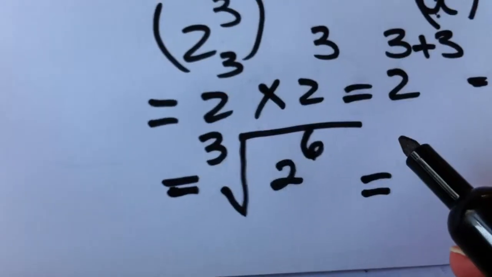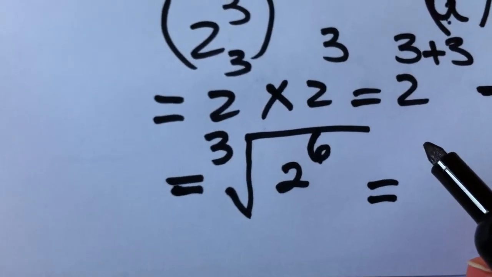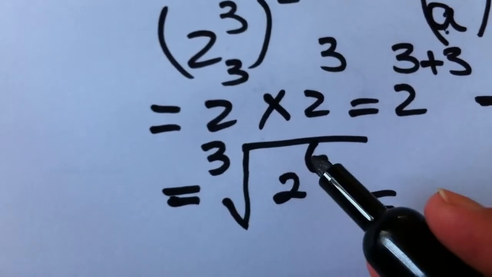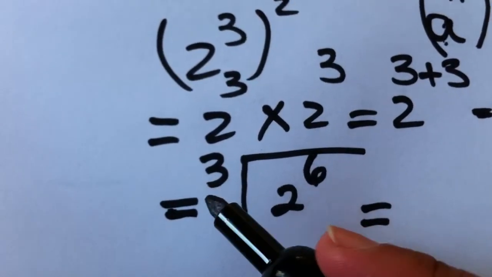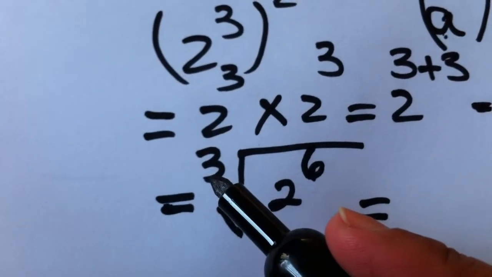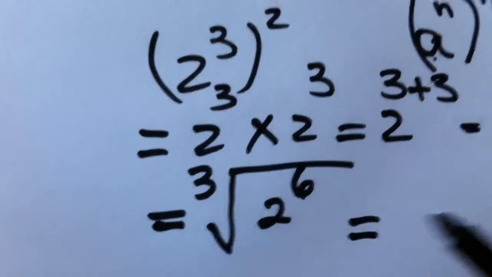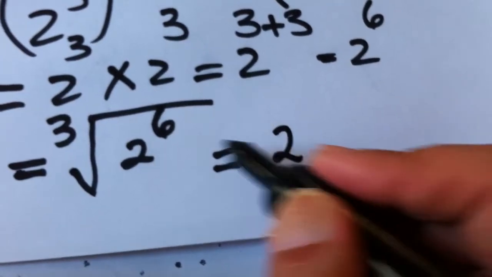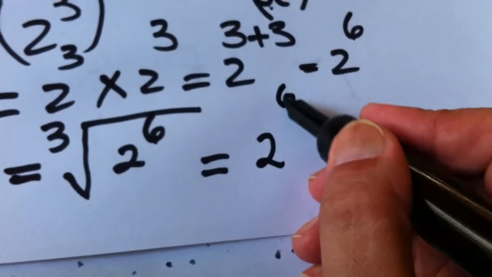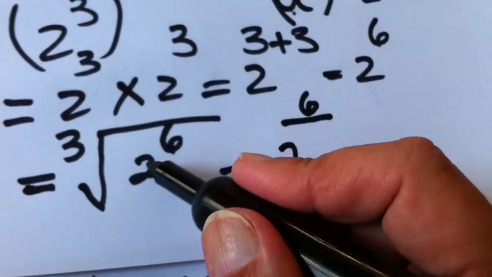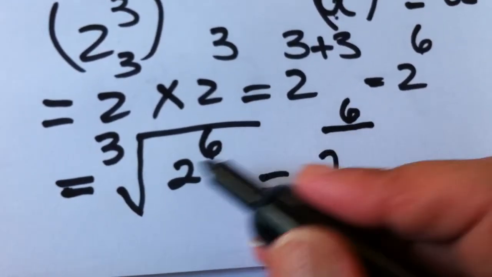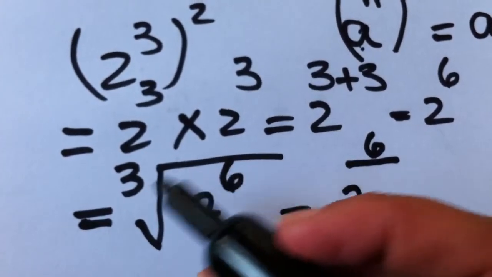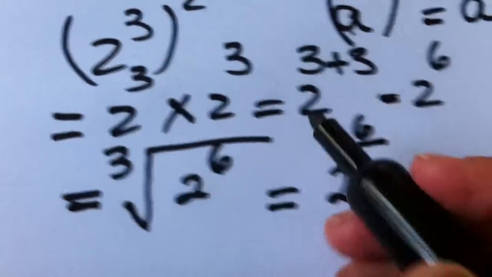We can remember our facts from the root lessons: for a number under the radical sign, when we're trying to find the root of that number, we can write the number as 2, and 6 stays the same. We're going to write the power as a fraction. The numerator of that fraction is the power that you have under your radical sign, and the denominator is the root that you're looking for. So it's the third. So 6 over 3.